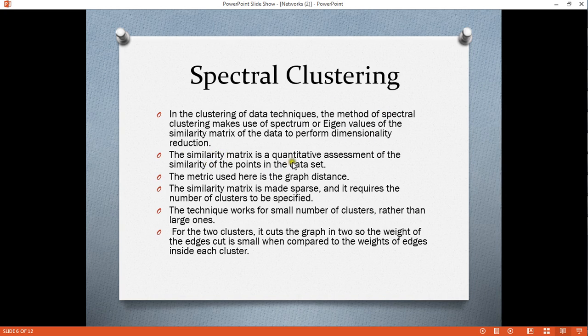The similarity matrix is a quantitative assessment of the similarity of the points in the data set, and the metric that we make use of in spectral clustering is the graph distance. The similarity matrix is made sparse, and it requires the number of clusters to be specified. The technique works for a small number of clusters rather than a large number.